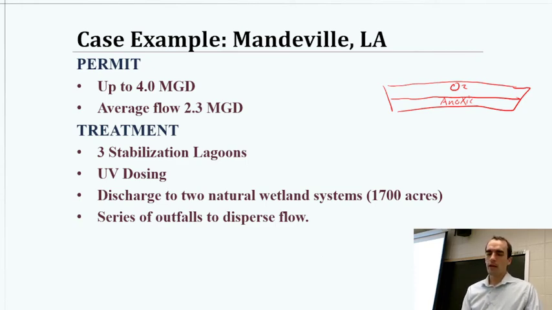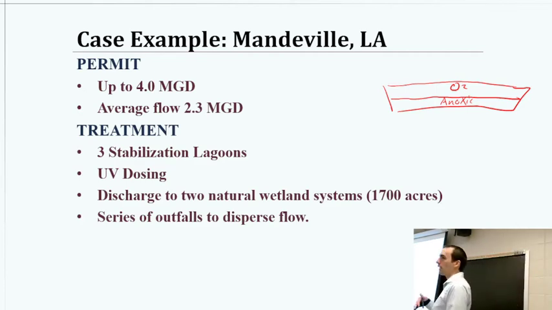So anyway, they've got 3 stabilization lagoons, and then they do UV dosing at the end, and then from there they discharge it into a wetland system with the intent of letting that wetland system finish the treatment, polish the treatment, and then it essentially runs off into Lake Pontchartrain.